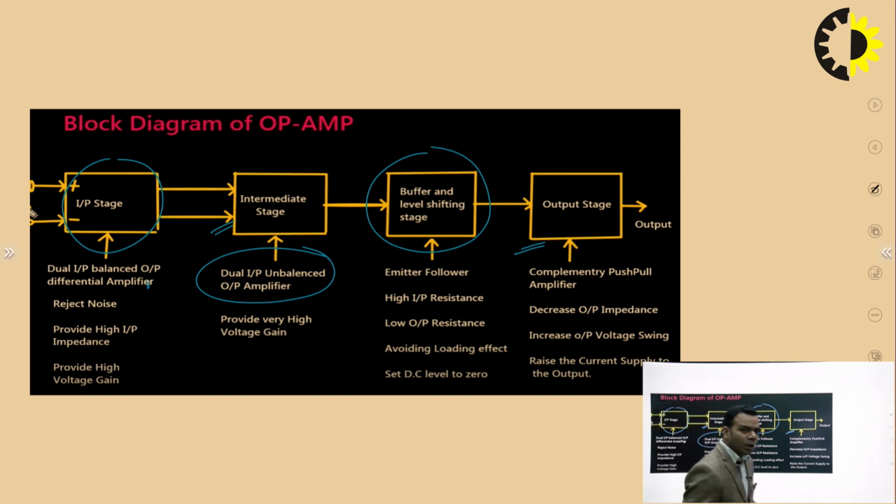It decreases output impedance, increases output voltage swing and raises the current supply to the output. So, this is how we can understand the operational amplifier by these 4 blocks. However, soon we will discuss the internal structure or internal architecture of IC 741.